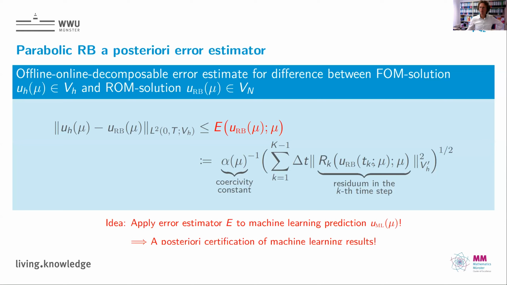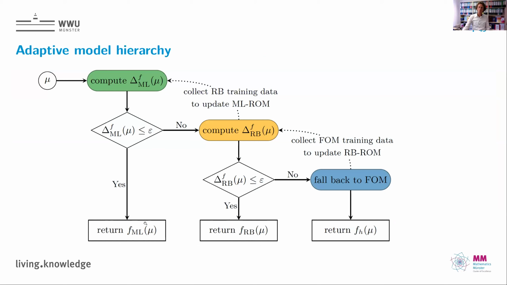And if you now keep in mind that the reduced basis approximation lives in the same space as your machine learning approximation, then it's completely clear that this a posteriori error estimate can immediately also be used in order to certify the machine learning prediction, because you just need to replace the reduced basis solution by the reconstructed machine learning solution here, and you get a rigorous certification also for this combination with the machine learning model.